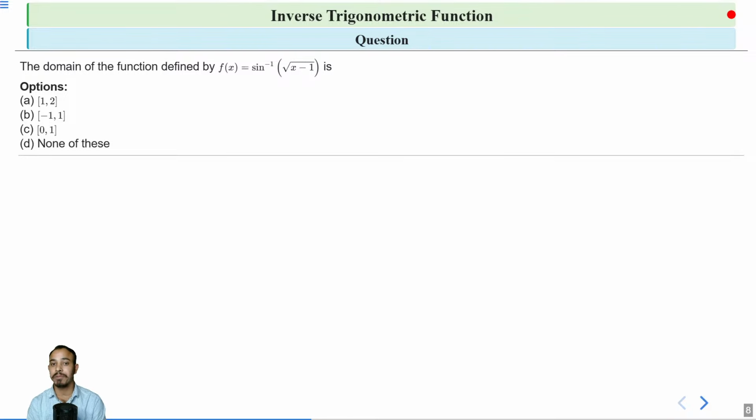Basically here you have to find those x for which the function sine inverse of square root of x minus 1 is defined. Very simple question, hardly it will take 1 minute. So within 1 minute give your answer.